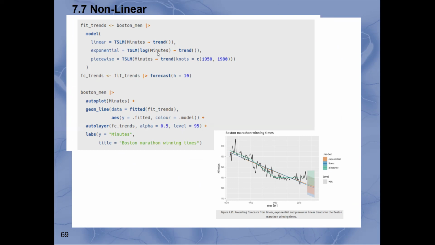The exponential uses the log of the minutes and the trend. And then the piecewise uses the minutes and the trends. And the dots are at 1950, where this starts, and 1980. So it fits a line to this portion, and then a line to this portion, and then a line to this portion.